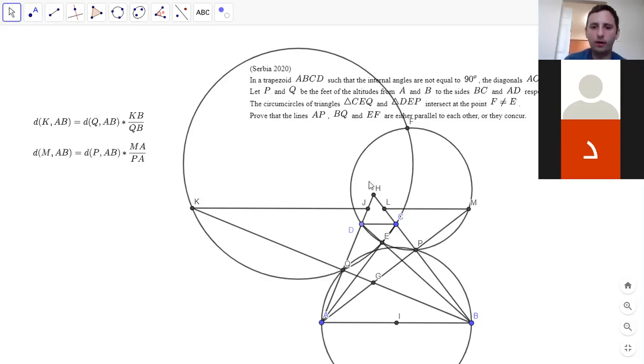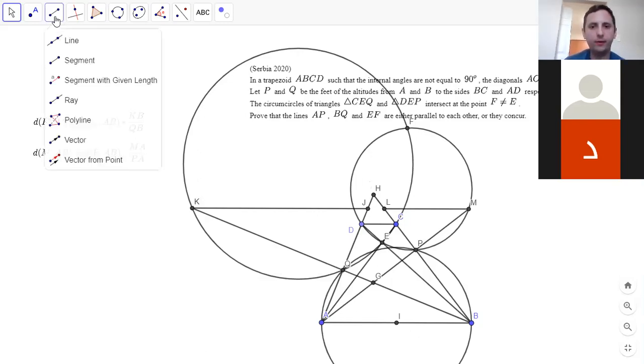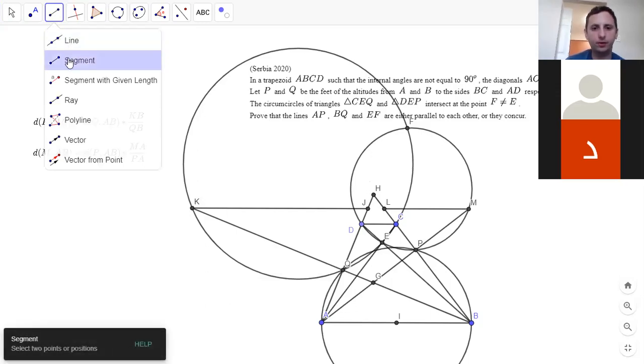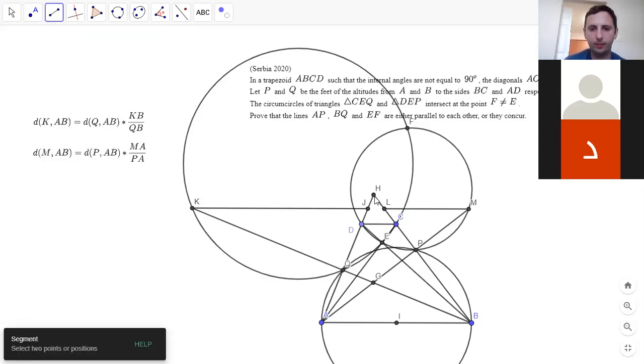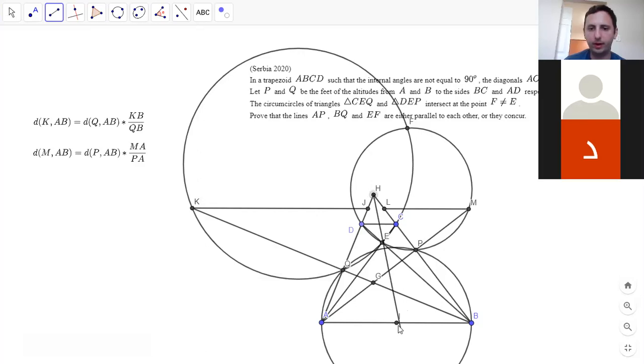Oh, I forgot. H, E, and I are collinear by Ceva's theorem. I don't know how I missed that. I always remember that.